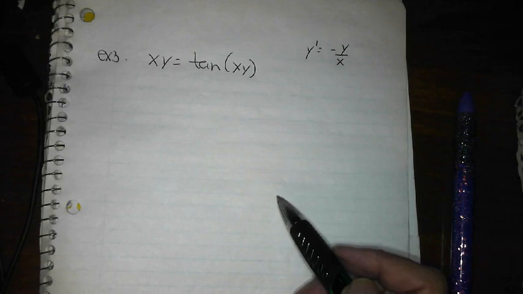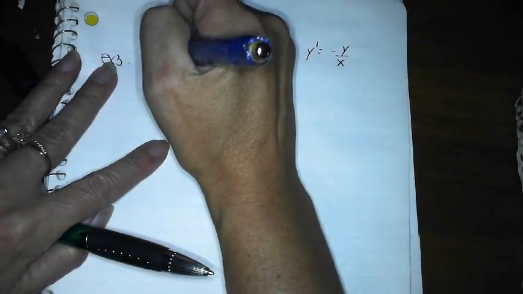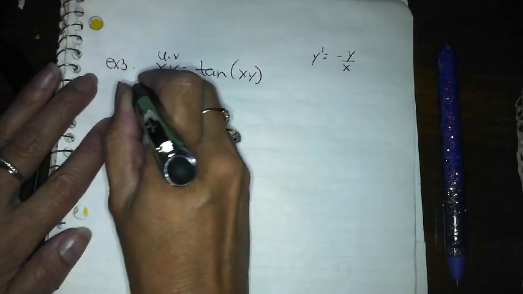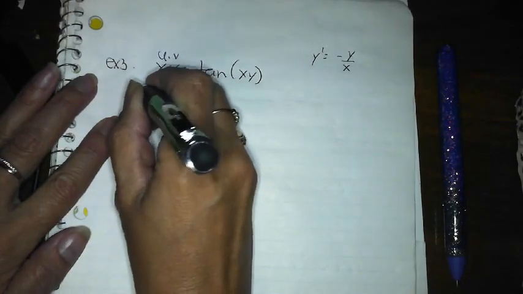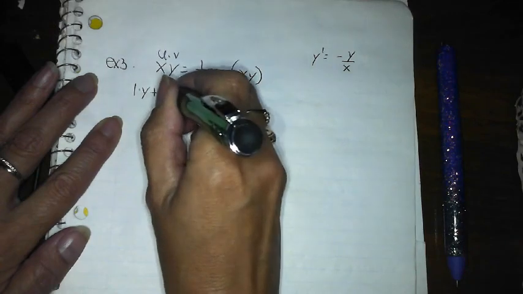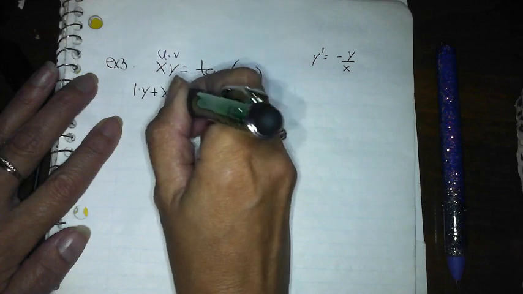So here we go. On the left, hopefully you see product rule. So derivative of x is 1 timesing by y plus, keep the x, derivative of y is 1 but times y prime.